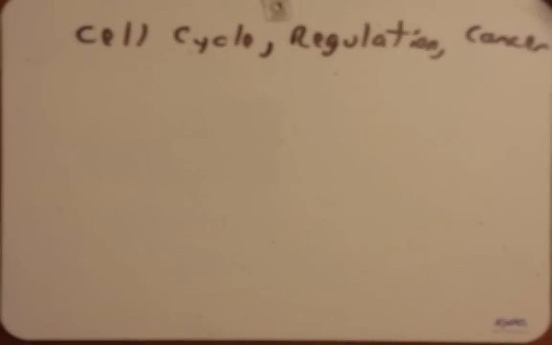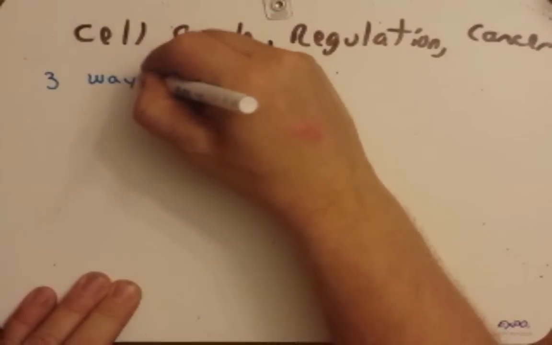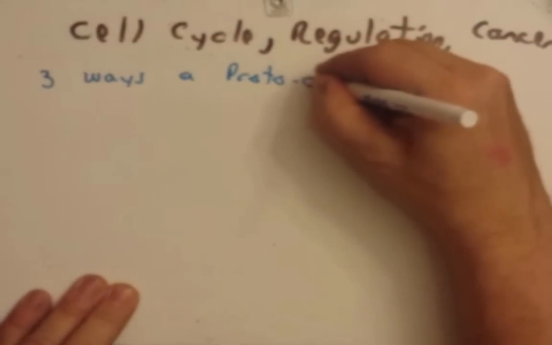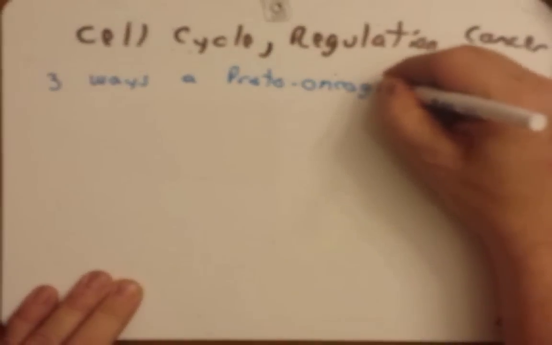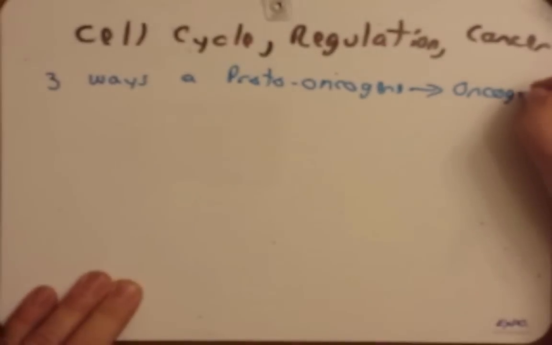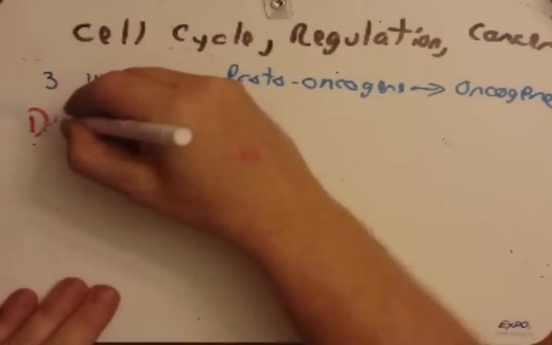I began that discussion of RAS saying I was going to tell you the 3 ways a proto-oncogene can be converted into an oncogene. So the first one is a missense mutation.